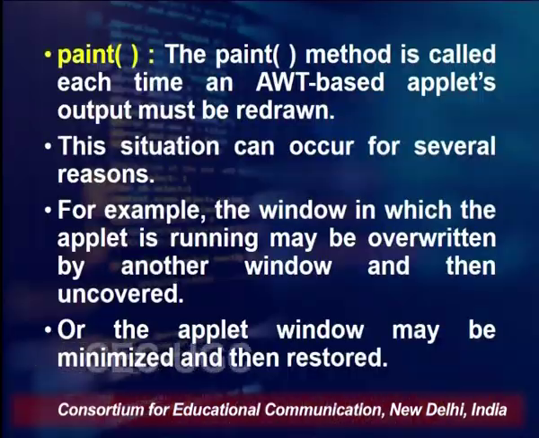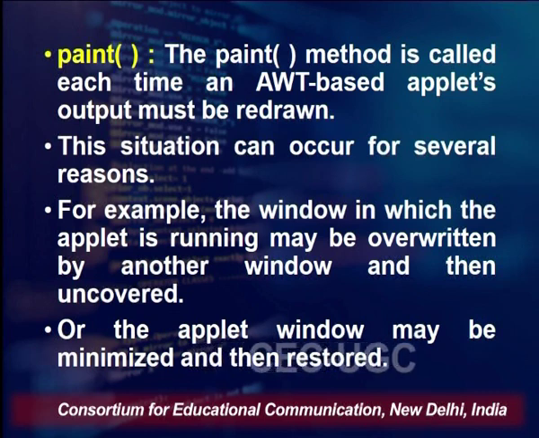Now, this situation can occur for several reasons. For example, a window in which the applet is running may be overwritten by another window, and then in the next instance it has to be uncovered. So, for example, one applet is being displayed in one of the windows, and at the same time we open another window which takes the place of the previous window in which the applet is running.